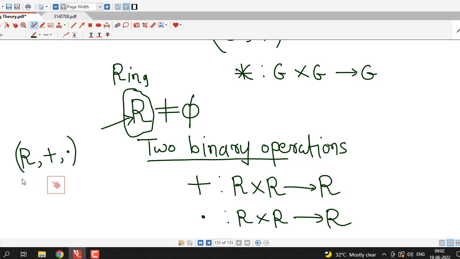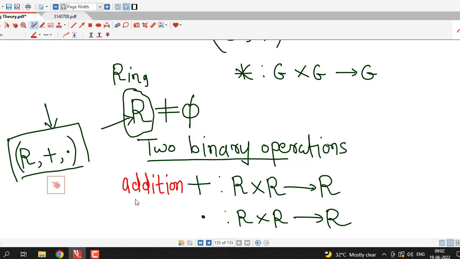We are going to discuss under which properties or conditions this is going to be a ring. We will give the operation denoted by plus the name addition operation. But remember, it is not the addition operation which we use in day-to-day life. It is just the name of this operation which is denoted by plus.